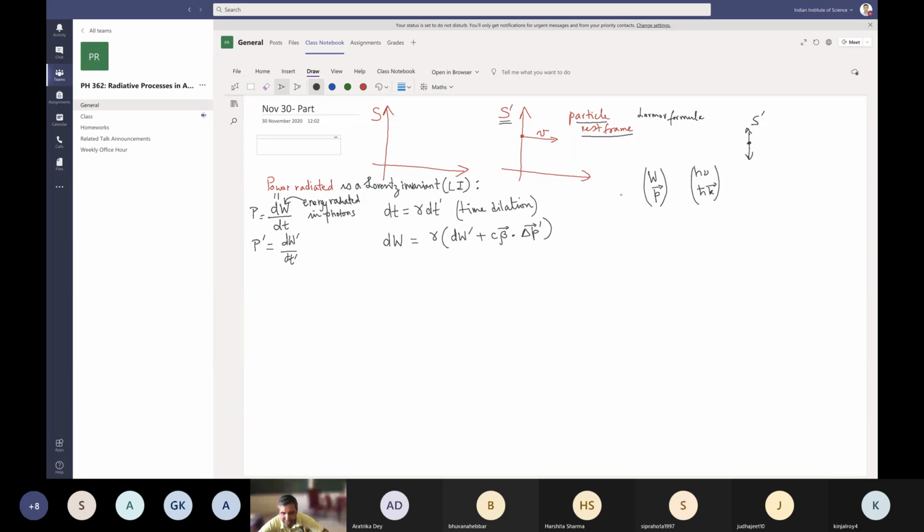Basically we are considering photons which have a spread in momentum. Here V is equal to beta c.